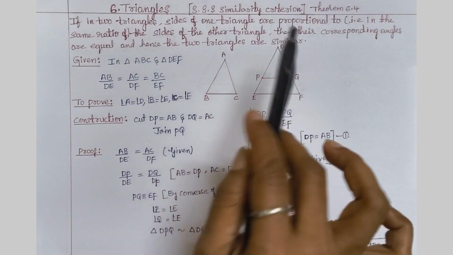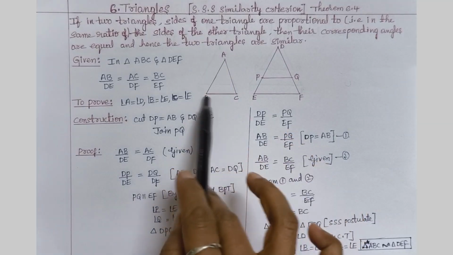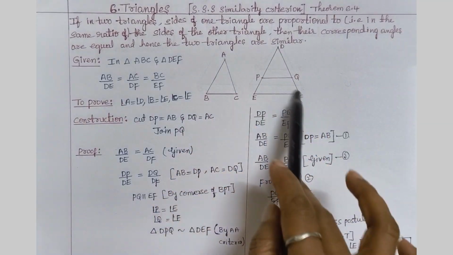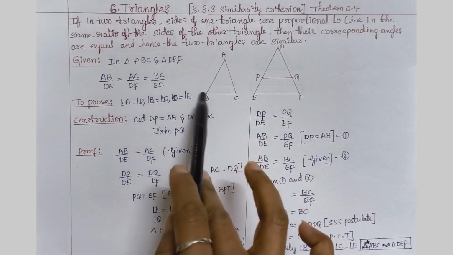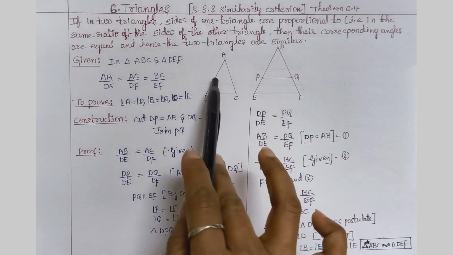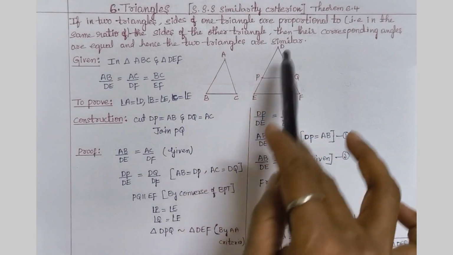What is the meaning of this theorem? The sides of one triangle, ABC, are proportional to the sides of the other triangle, DEF. Proportional means AB by DE, BC by EF and AC by DF.